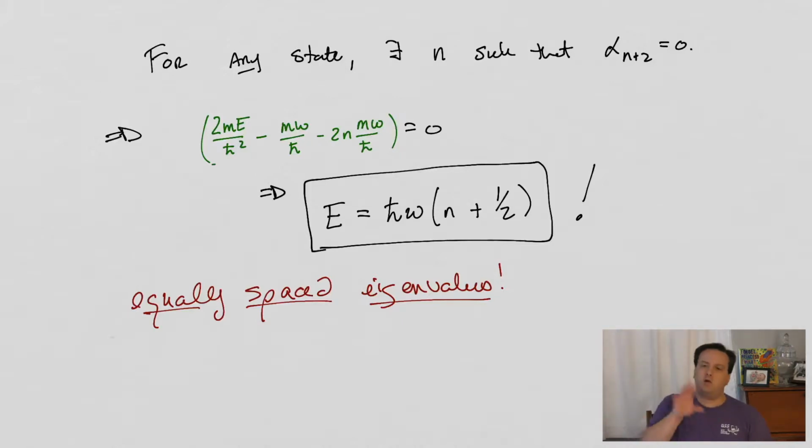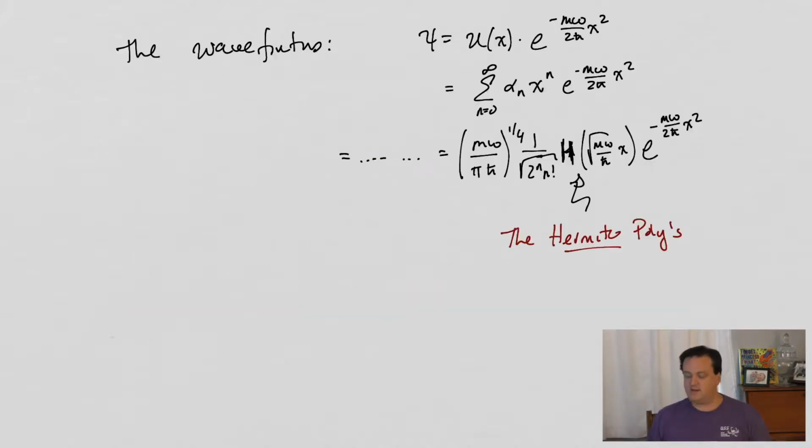Now, if I want to reconstruct what those polynomials are, luckily there actually is a name for them, right? If I want to reconstruct my wave functions by taking u and multiplying it by that Gaussian, well, those u's happen to be a family of polynomials that are known as the Hermite polynomials. And there's a normalization factor that comes out in front. And I'm giving you this just because it's an interesting thing to know that I can have these Hermite polynomials here, which allow me to evaluate the actual wave functions.